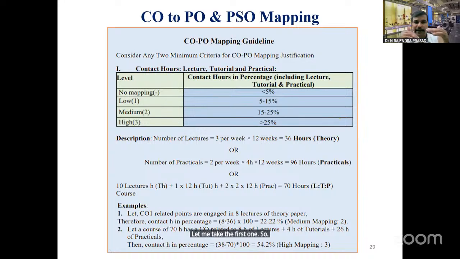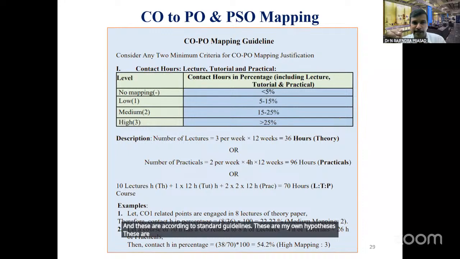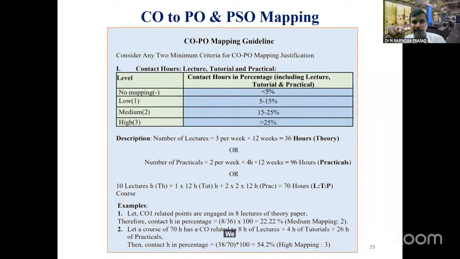Out of these 3, you have to follow a minimum of 2, or whichever is the major one for your course or program. You have the freedom in choosing that. These are according to standard guidelines, not my own hypothesis. These are proposed in standard guidelines and articles, which we have referred to.